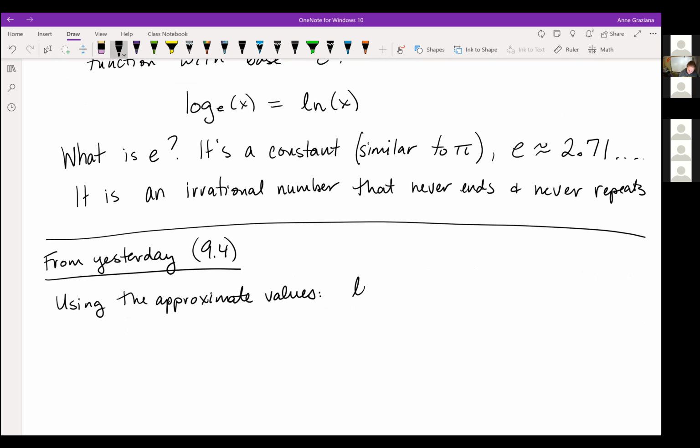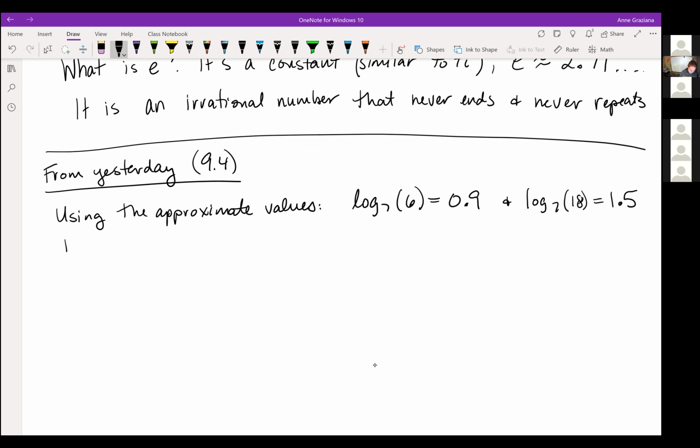Log base 7 of 6 equals 0.9, and log base 7 of 18 is 1.5.